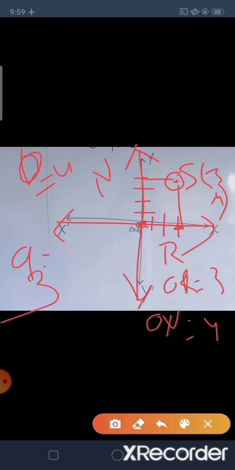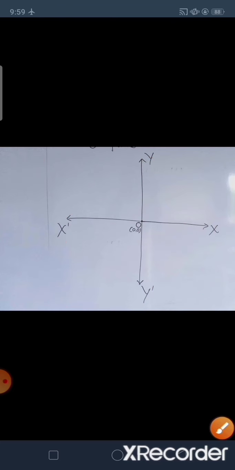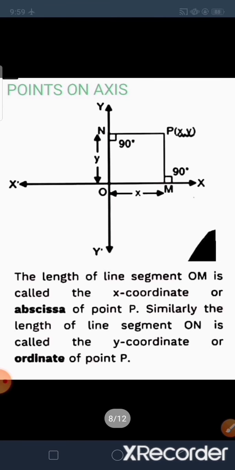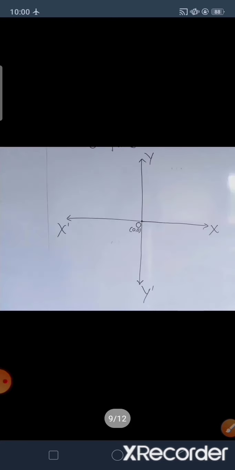Now to come to our topic: a point on an axis means the point lies on the x-axis or y-axis. If any point lies on the x-axis, then its ordinate is 0, and if any point lies on the y-axis, then its abscissa is 0.